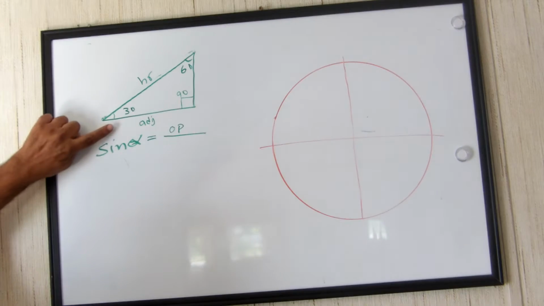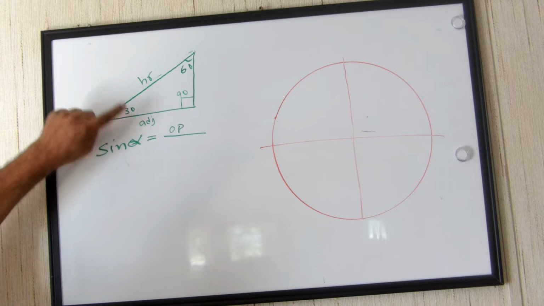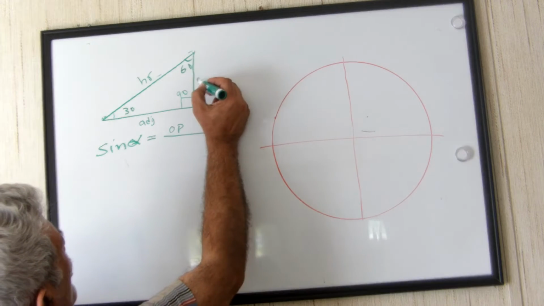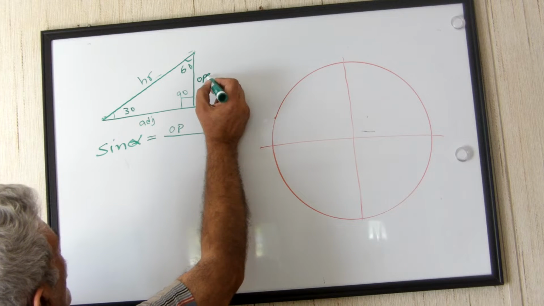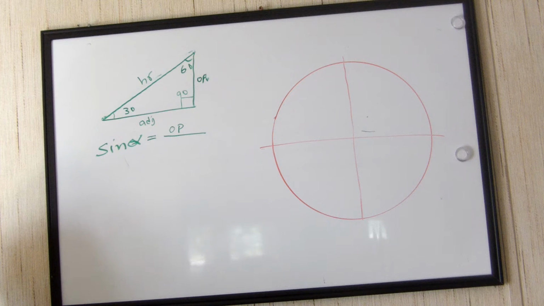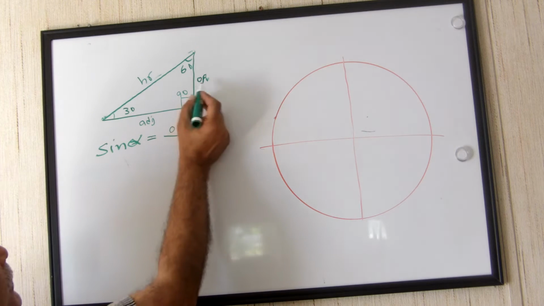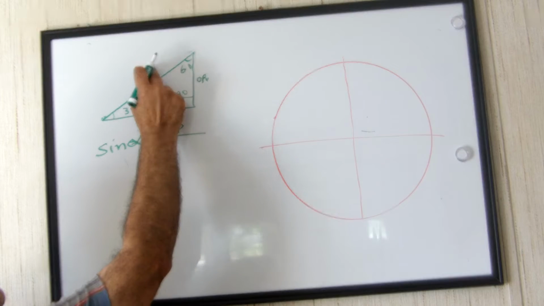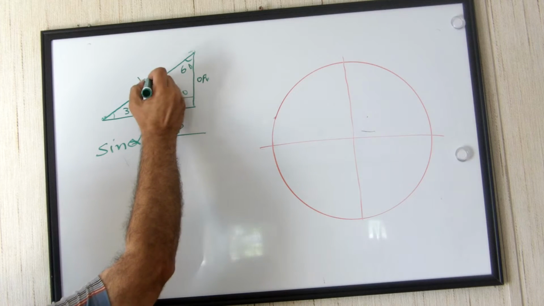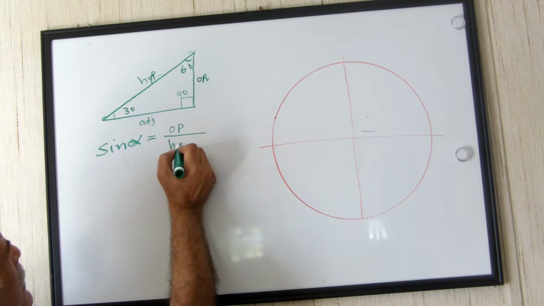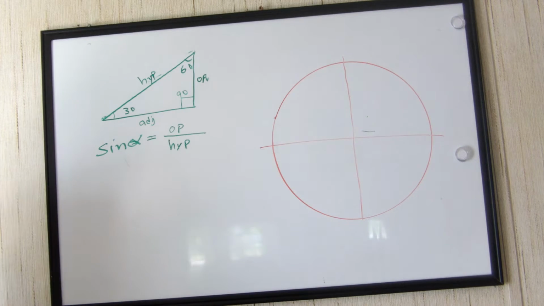When you're talking about the 30 degree angle, this is adjacent to that 30 degrees, and this is the opposite side. So opposite side divided by hypotenuse, we call it sine.